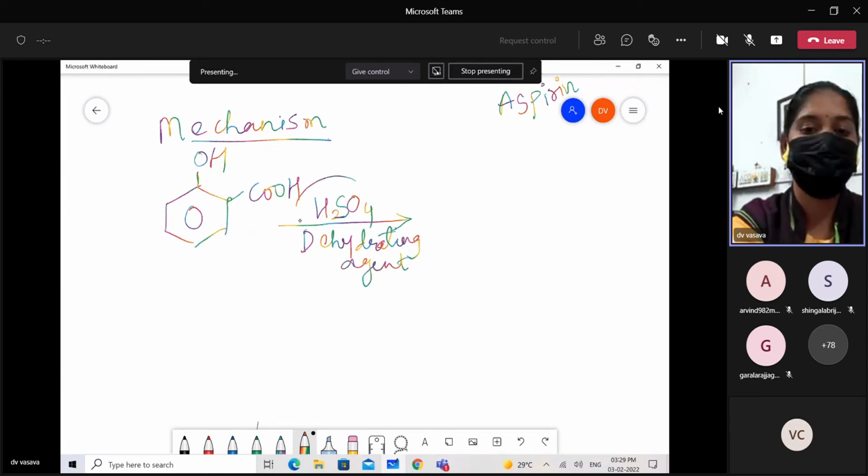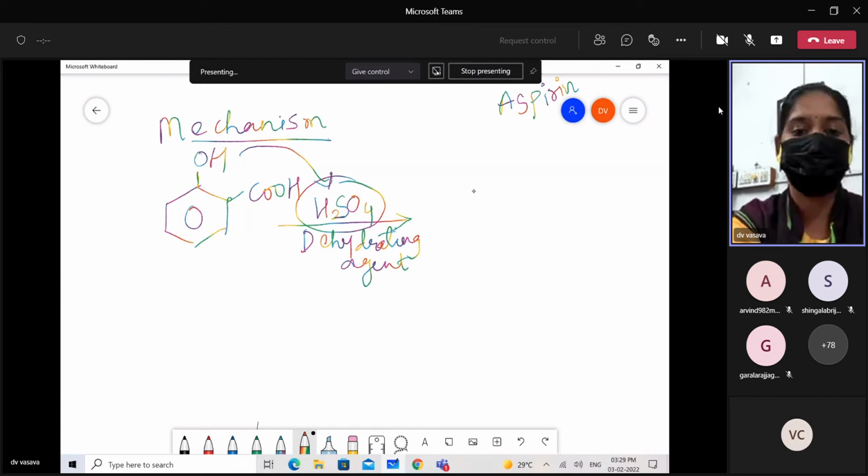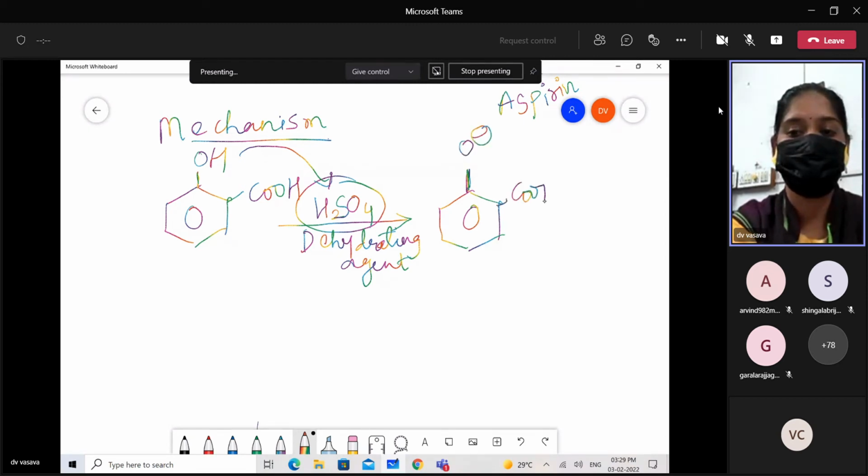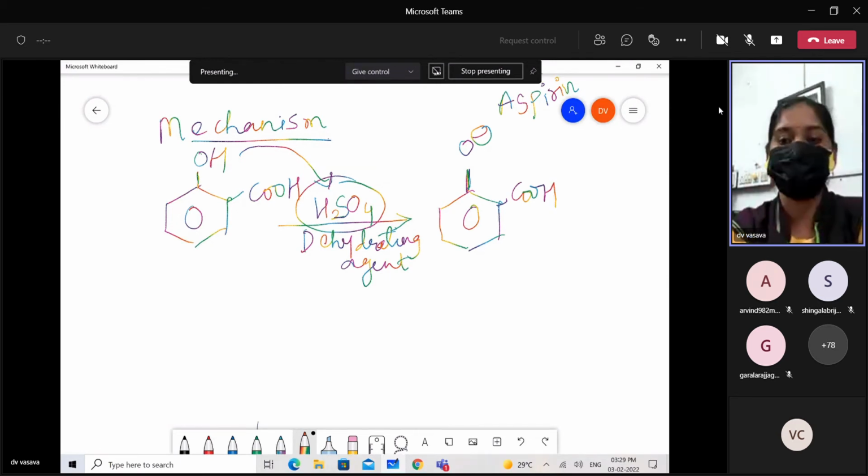So this H2SO4 will abstract the proton, and what we will get is O minus and COOH.